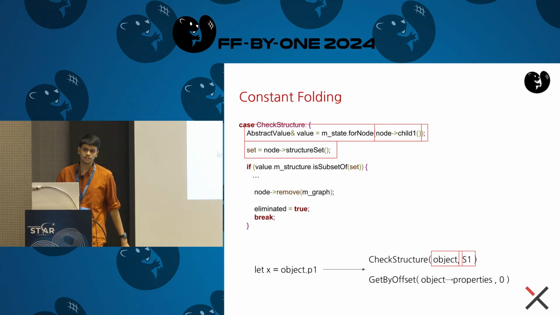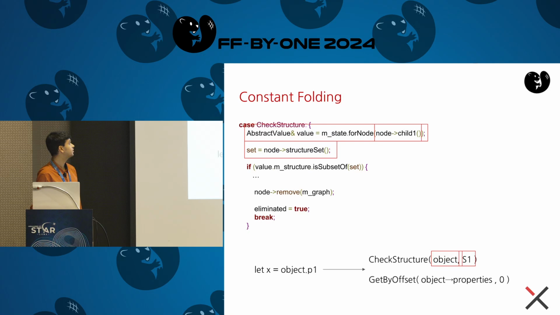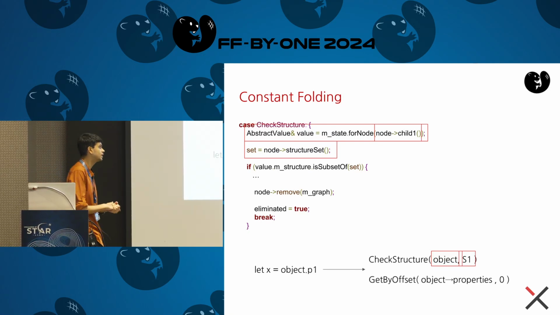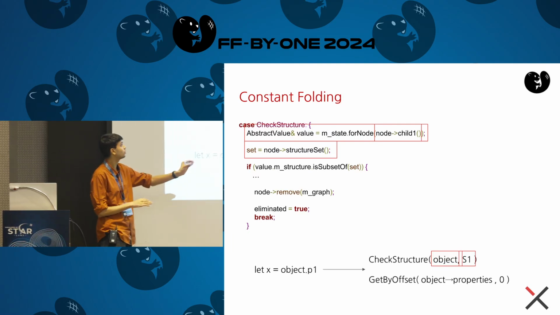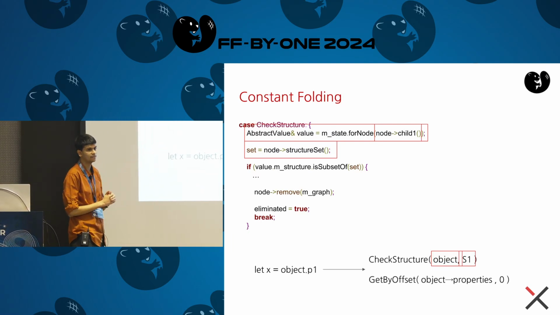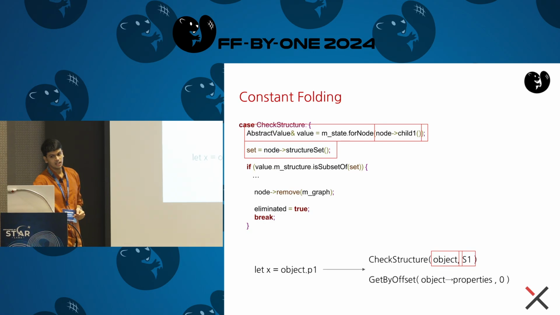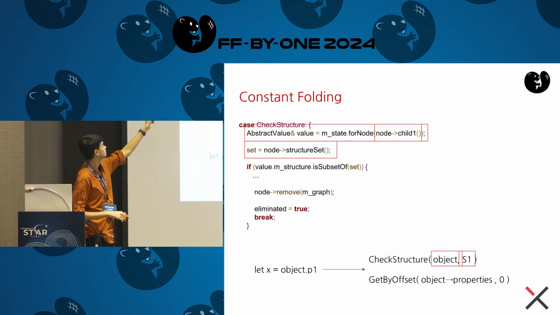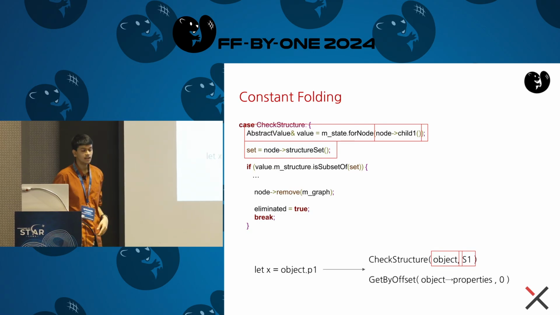And what this code is going to do here is that it first fetches the abstract value of object. What does the abstract value of object contain? It contains all possible structures object can have. And then it fetches S1 from here. This set is basically S1.